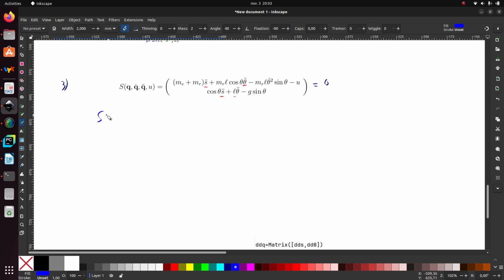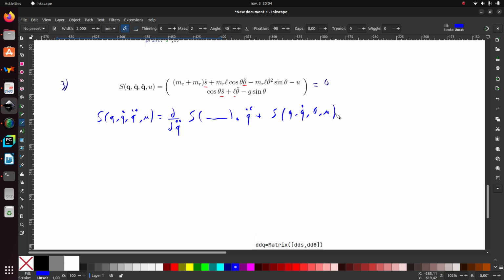So I have S, which depends on q, q dot, q double dot, and u, which is equal to the derivative with respect to q double dot, considered as an independent variable, of S, multiplied by q double dot, plus S of q, q dot, 0 for q double dot, and u.